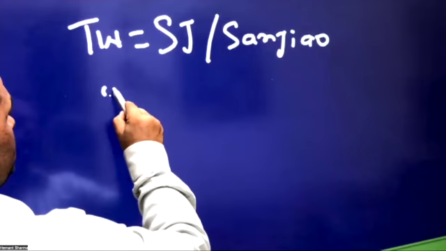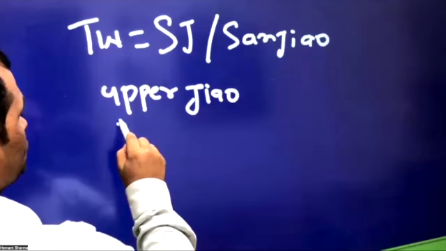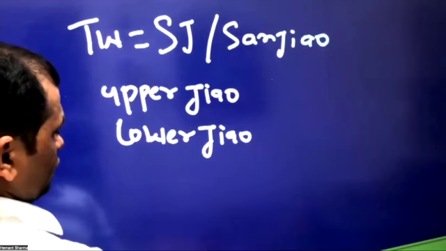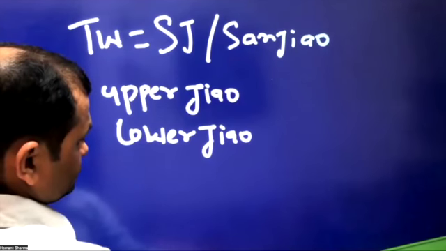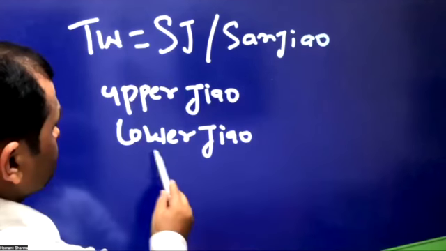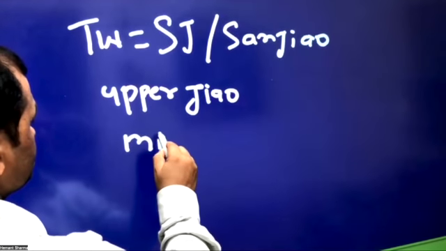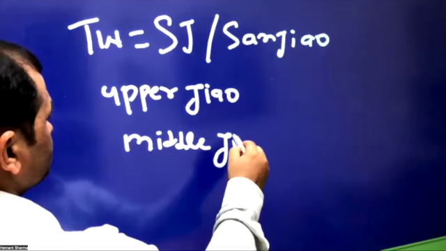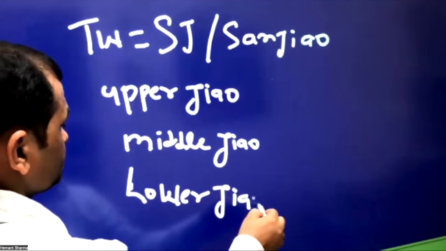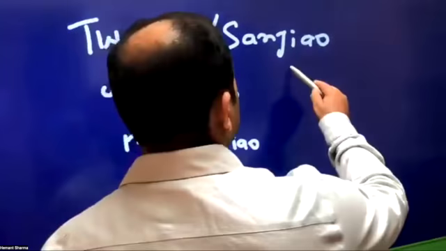So we can divide the whole body into three parts: the upper jiao, middle jiao and the lower jiao. Same as upper warmer, middle warmer, lower warmer. So this is the human body.